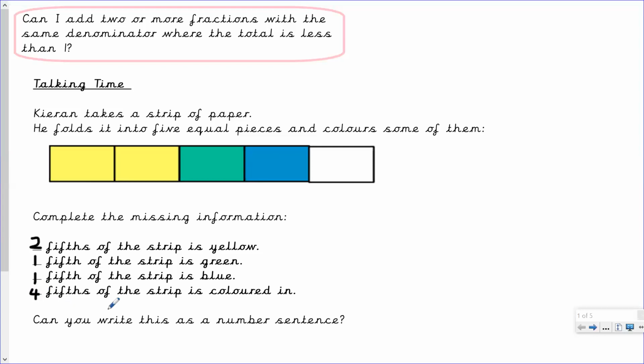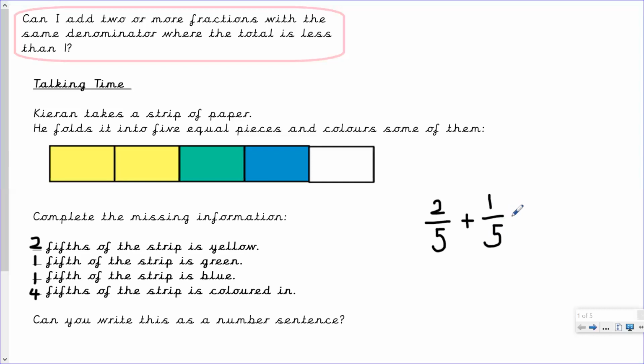Now, can you write this as a number sentence? Okay, well, let's start adding the colors one by one. So we knew that 2 fifths of the strip is yellow. 2 fifths. Okay, and then we know that 1 fifth of the strip is green. So plus 1 fifth.